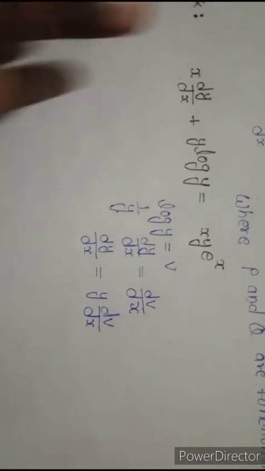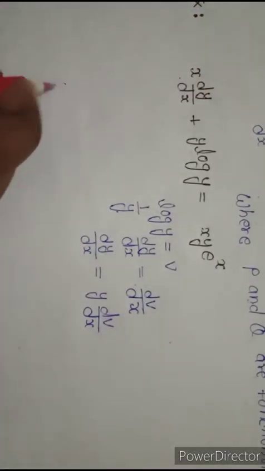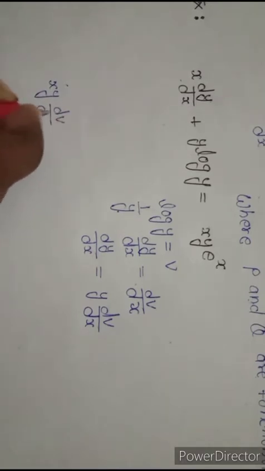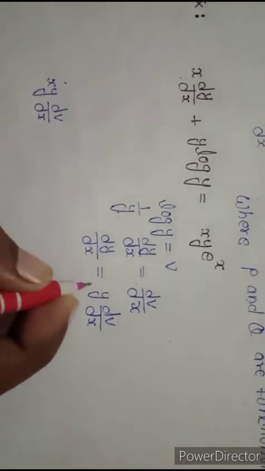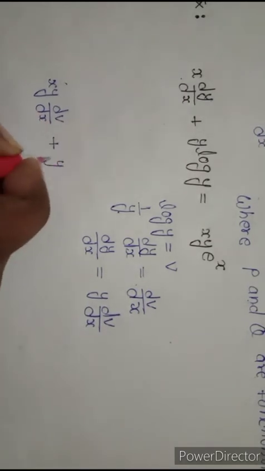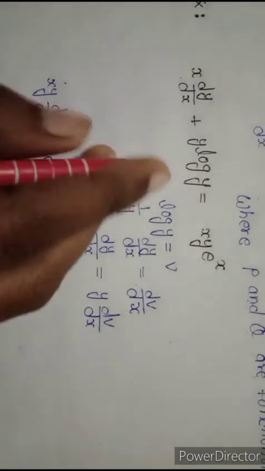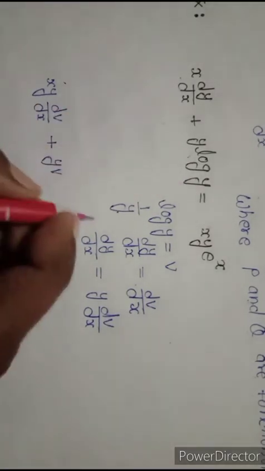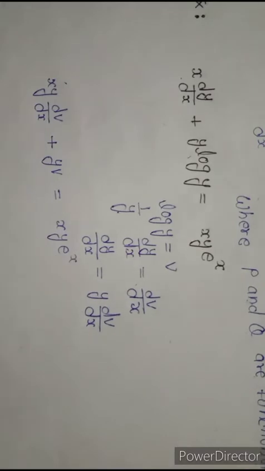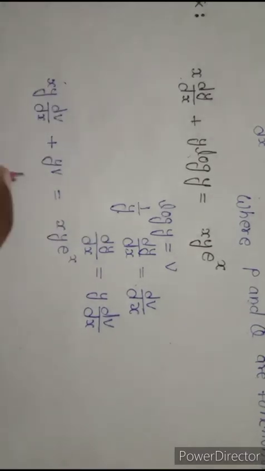So what do we get? x into y into dv/dx, since the value of dy/dx is y dv/dx, plus y into v, since we have assumed log y as v, is equal to x y e^x. Now you can see y is present in each term, so we can take it common and cancel it out.